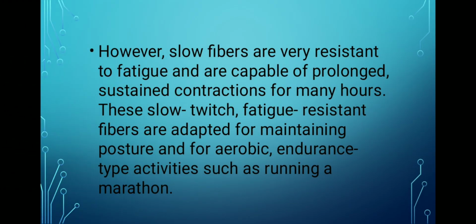However, slow fibers are very resistant to fatigue and are capable of prolonged, sustained contractions for many hours. These slow twitch fatigue-resistant fibers are adapted for maintaining posture and aerobic endurance activities such as running a marathon.